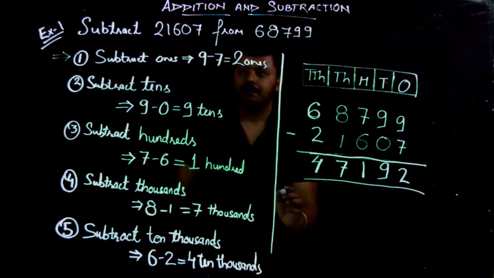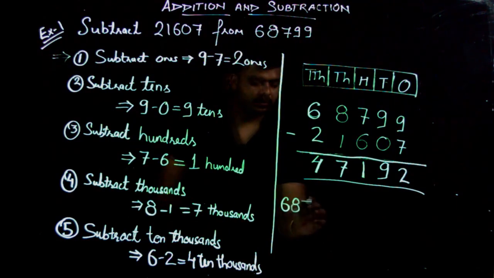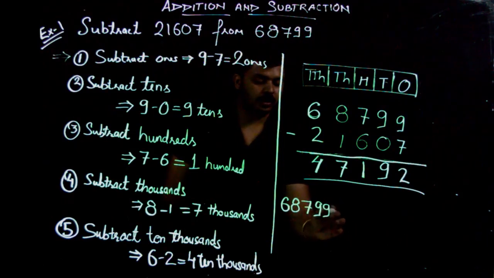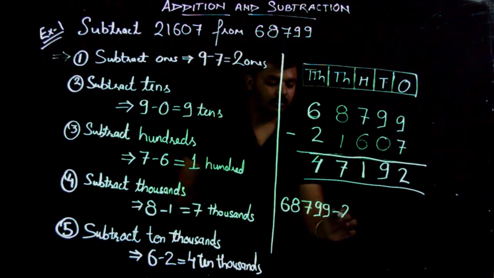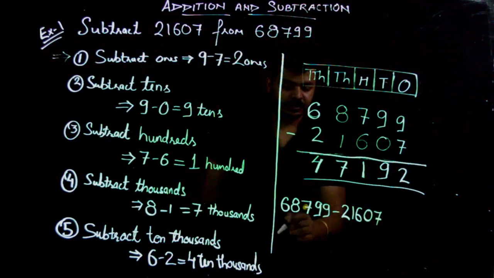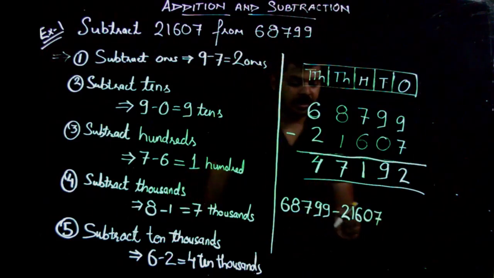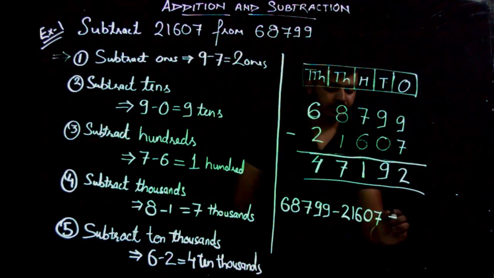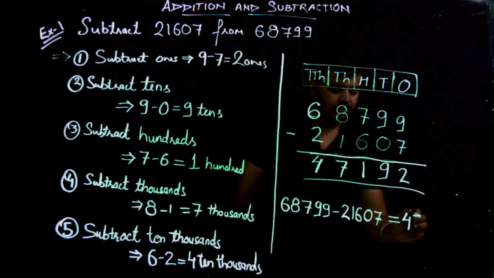So we can write 68,799 minus 21,607 is equal to 47,192.